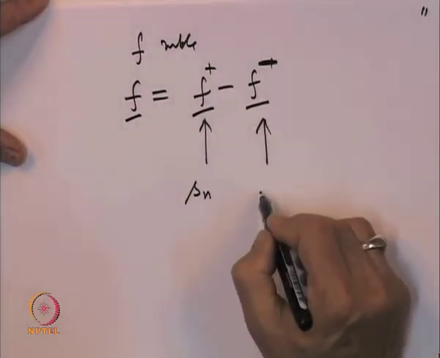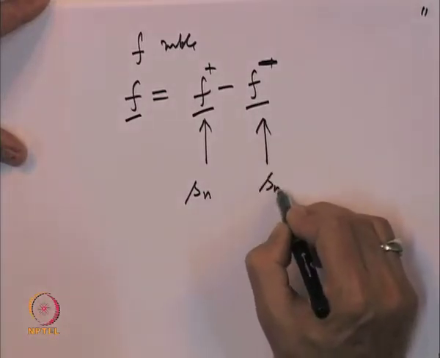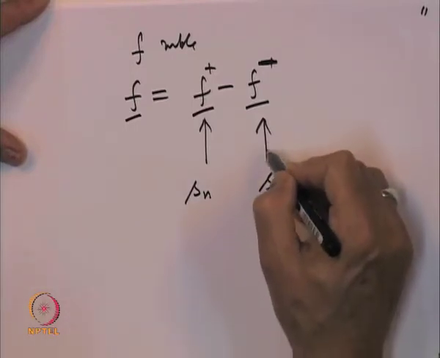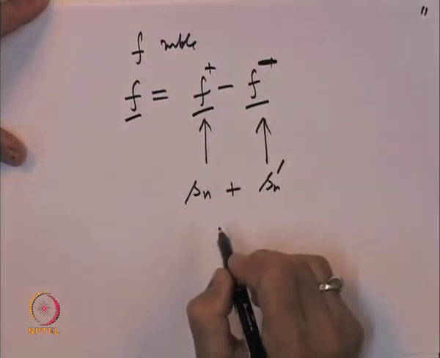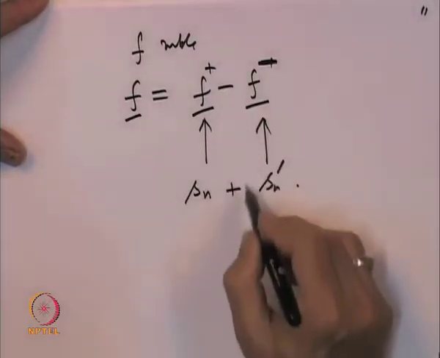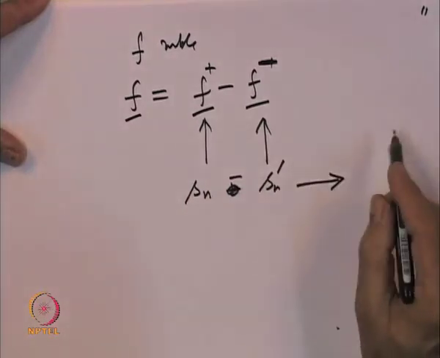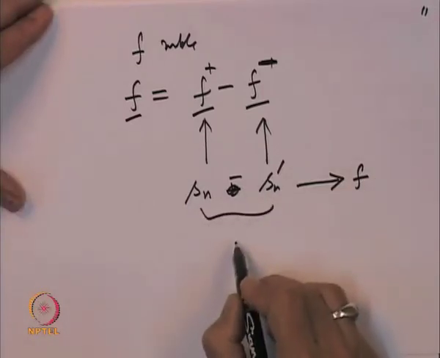There is another sequence, call it S n dash, of non-negative simple measurable functions increasing to f minus. So, if I look at this minus this, then it will converge to f.